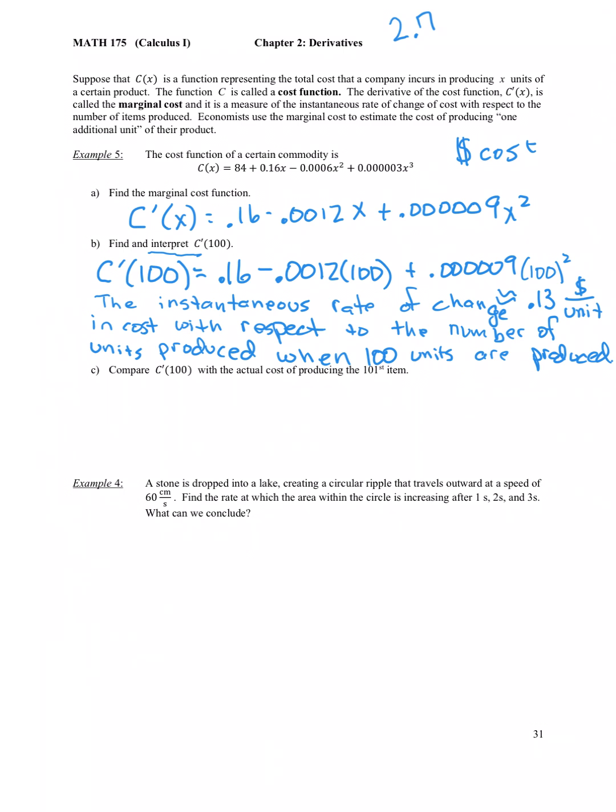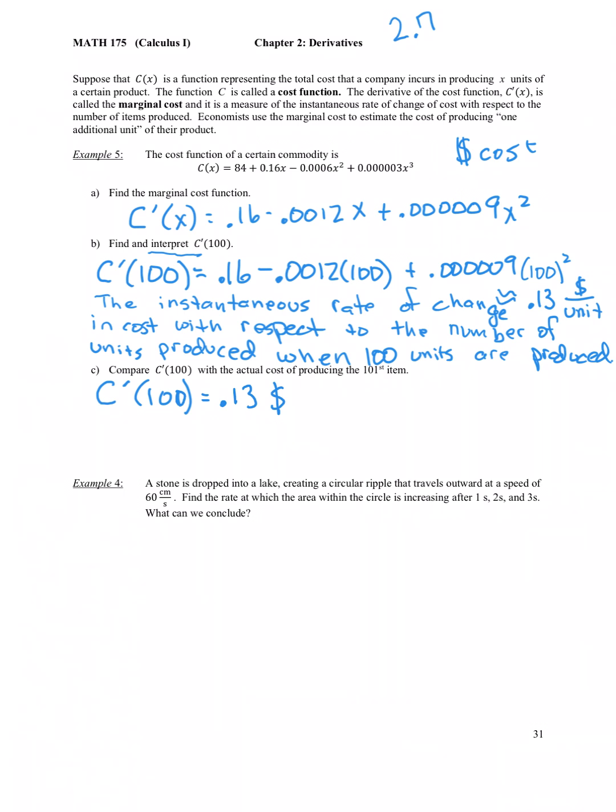In letter C, they want us to compare the marginal cost of 100 units with the actual cost of producing the 101st item. We know from letter B that the estimated cost is about 13 cents.